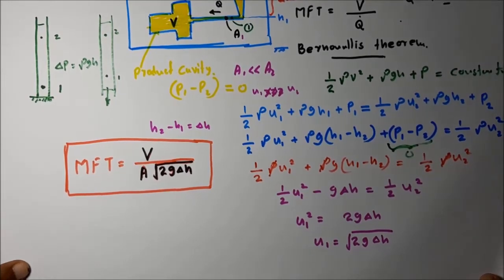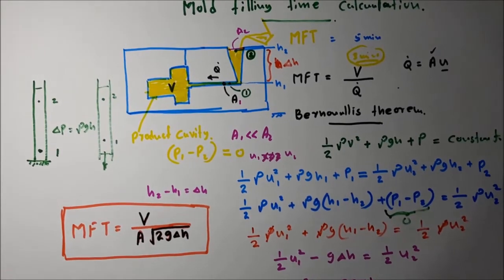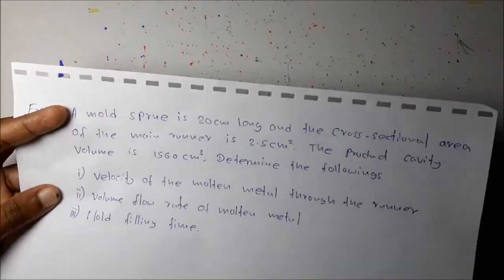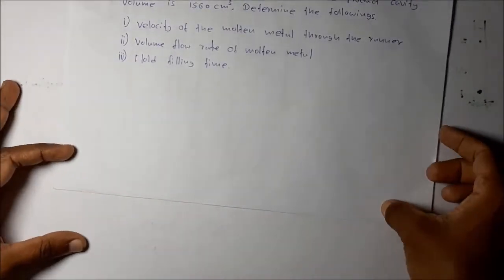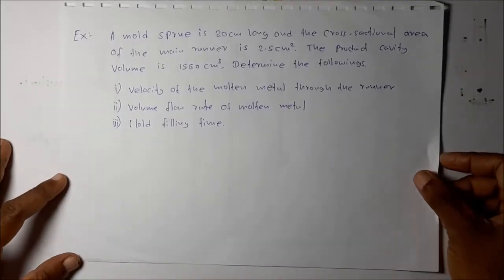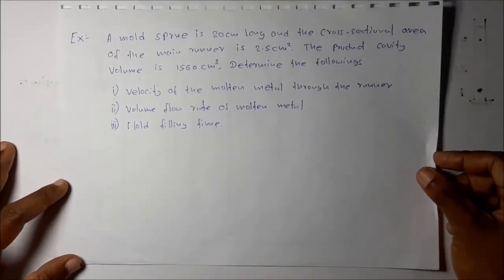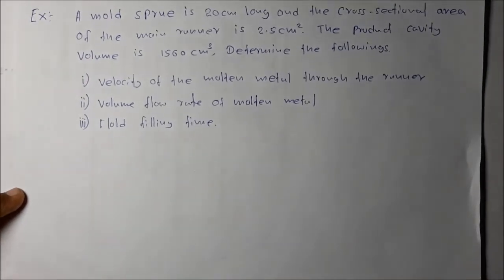Okay, then let's take an example from this mold filling time. This is the example we are going to discuss. Try to work out this problem. First read the problem and figure it out.